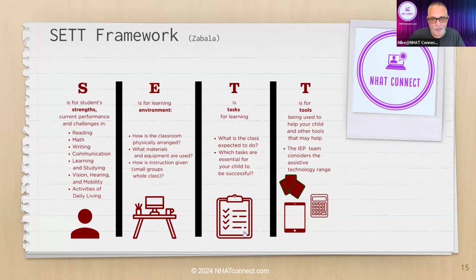That's very fair. And you took exactly what I was going to say next. What we often find, the power of following this process, is that if you answer these first three questions, who is the student, what are the environments, what are the tasks, you start to identify what it is you're looking for in a tool.